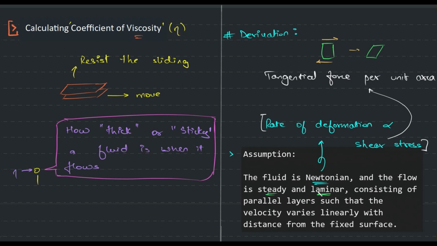Steady and laminar are interrelated. We're assuming that it consists of layers. By default, if you say laminar, all of this comes into the picture, such that the velocity varies linearly with the distance from the fixed surface. If you remember velocity gradient, it's talking about that.